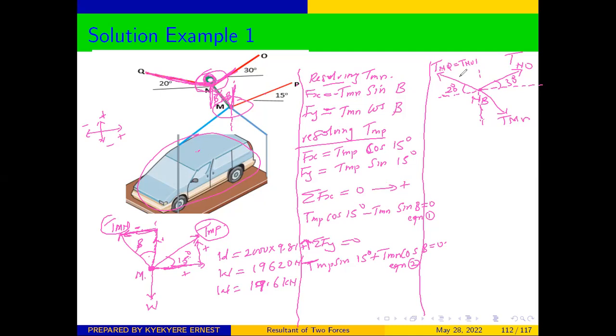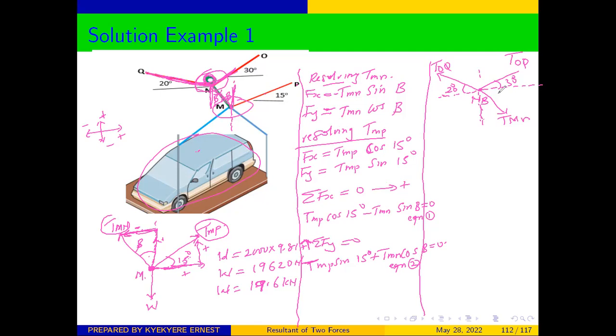Or we can just change the name and say that because it's the same cable running from this to that, we can call this from O to K. So we can refer to this as TOK, and they will be the same force in the two cables.